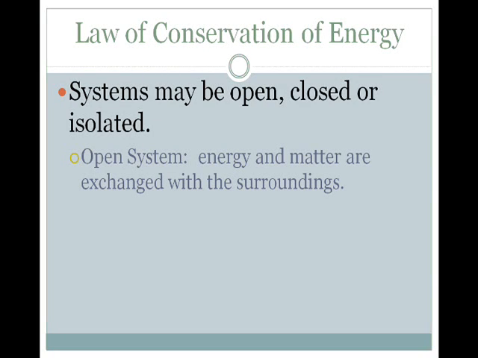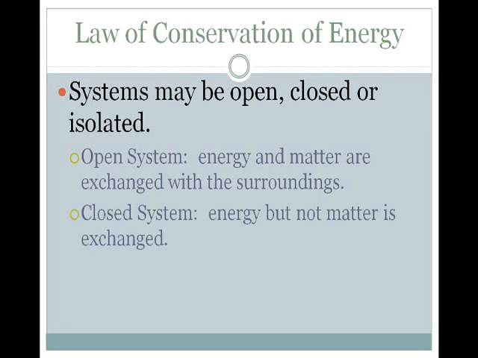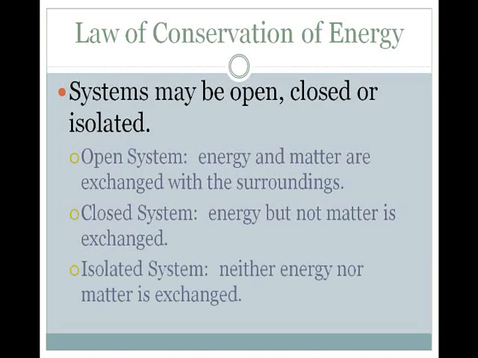So a lot of times in an open system, energy leaves what you're using and it goes into the surroundings. So you think you've lost energy, but you haven't. It's just been transformed and released into the surroundings. A closed system is where energy can be exchanged but not matter. And in an isolated system, neither energy nor matter is exchanged.